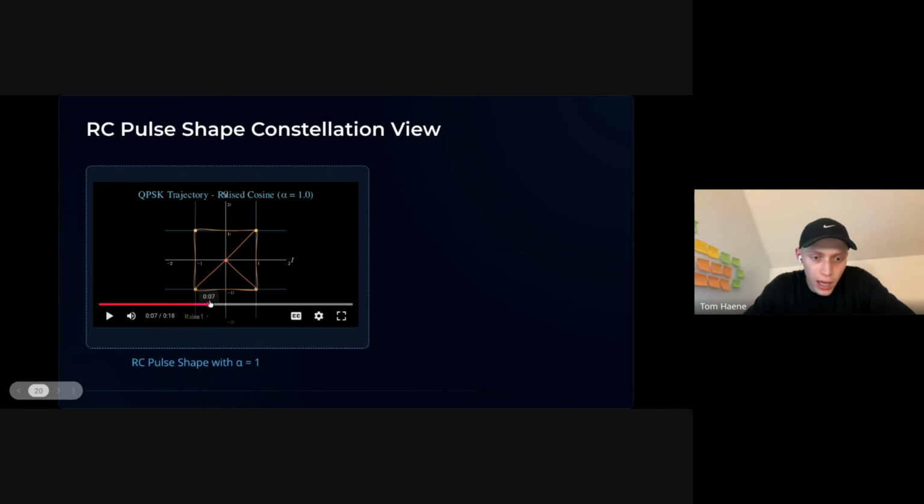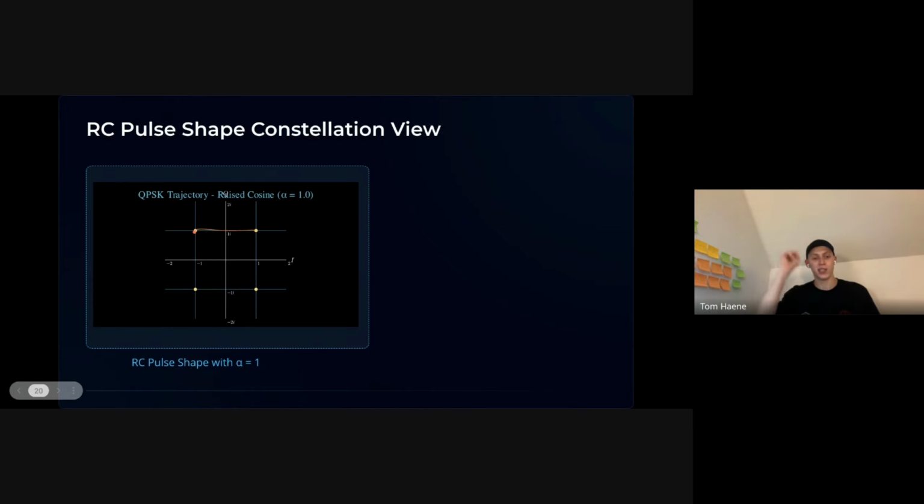Consider this transition: if I go from the top right to the top left, the fastest way I can do that is a straight line. The fastest way to go from point A to point B is a straight line. So over the same time duration, if I go there as fast as possible, that's the highest rate of change, which is what frequency kind of is. This shows exactly what I wanted to show.